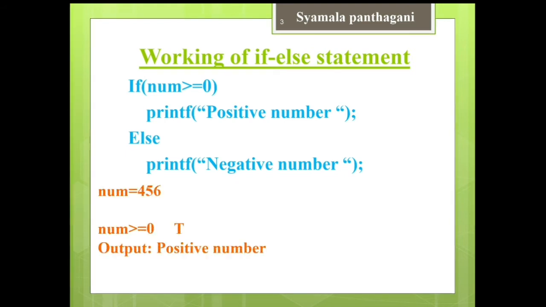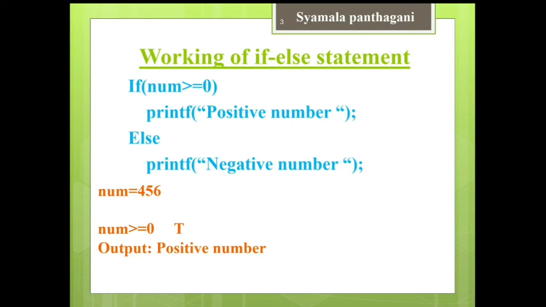For example, num is equal to 456. Means, for example, I have taken the variable num value as 456. Substitute this 456 in this condition. Condition means num is greater than or equal to 0. Here num means what is the value? 456.